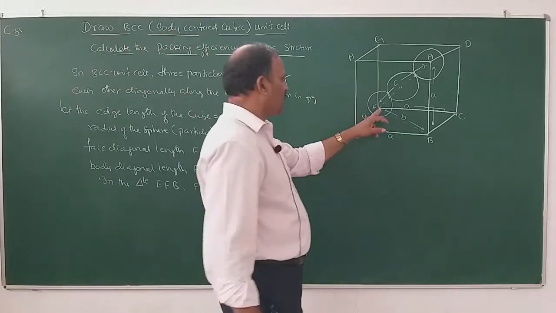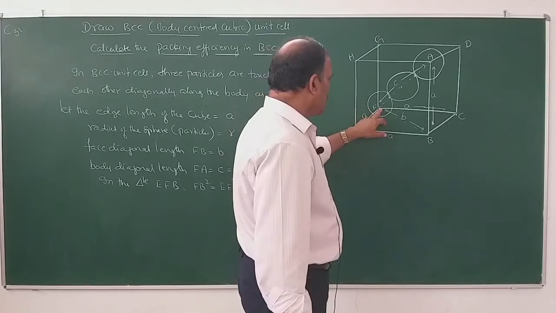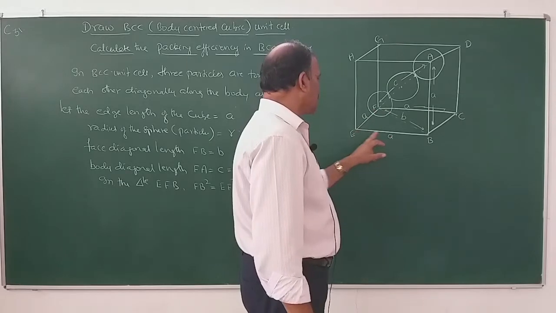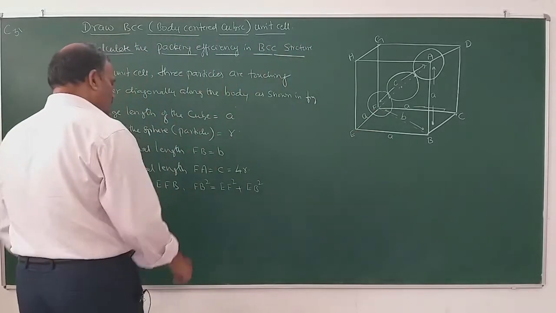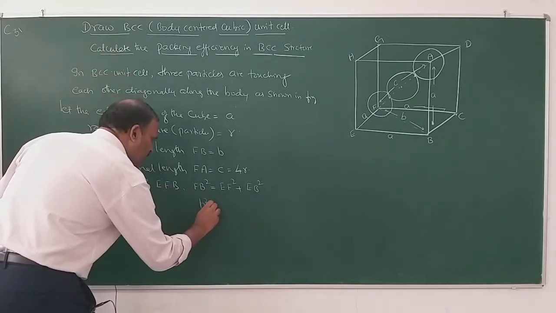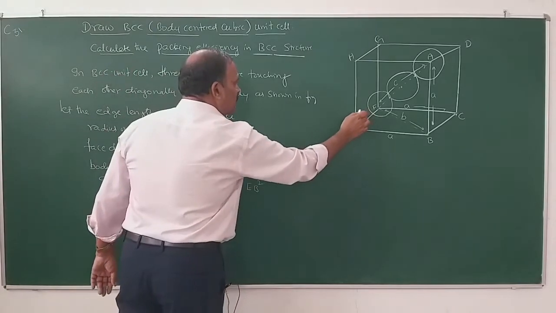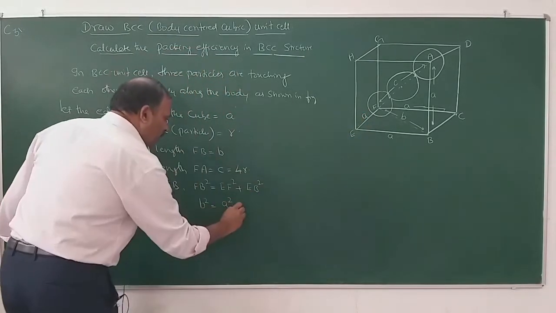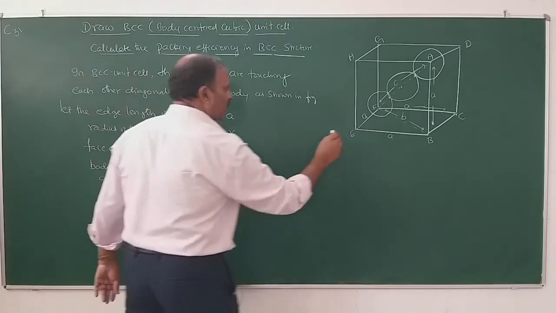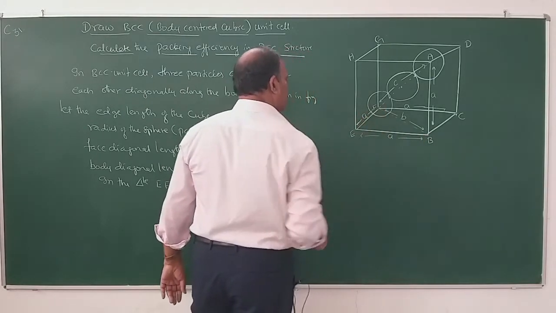This is the hypotenuse, this is the right angle. EB square is a square, and EF square is also a square, since these are edge lengths.